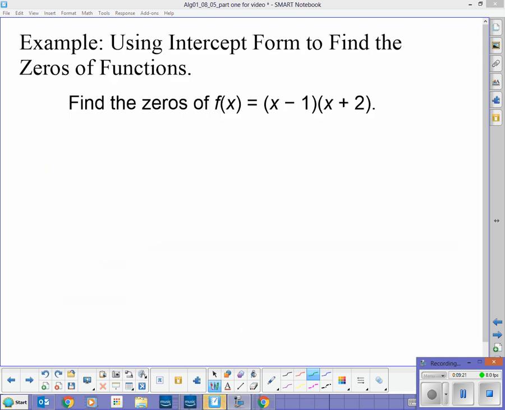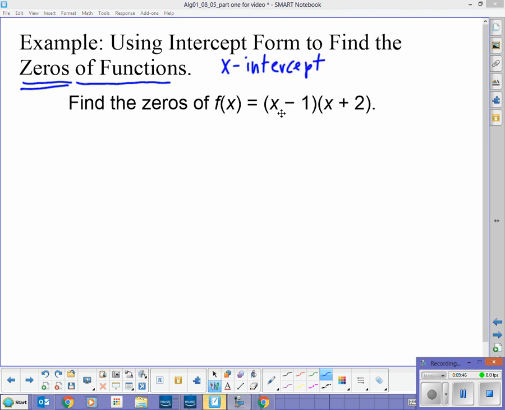Okay, what's next? Using intercept form to find the zeros of functions. You already know how to do this. This is solving using the zero product property. But the only reason this example is here is to introduce you to this idea of zeros of functions. And again, that is just x-intercept, which we've done.